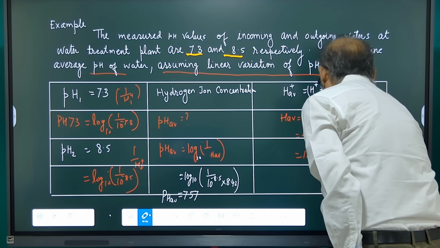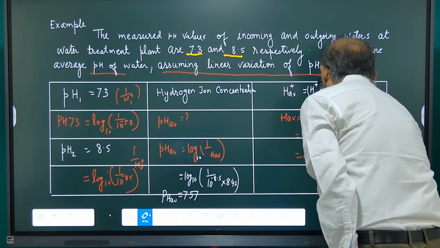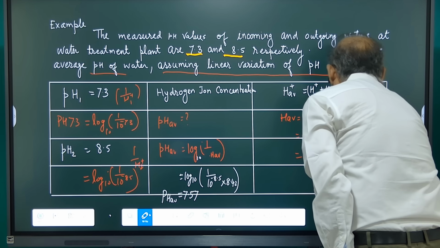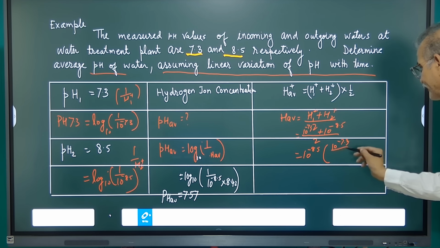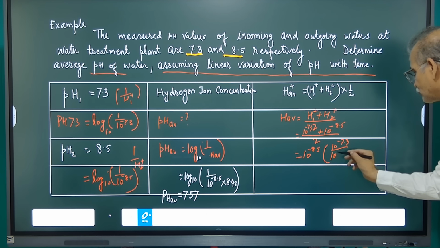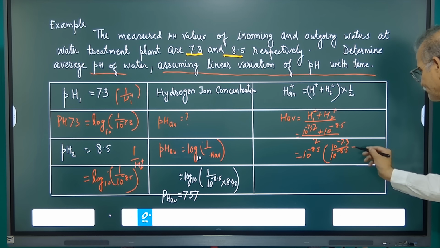Taking 10 to the power minus 8.5 out, we get 10 to the power minus 8.5 into 10 to the power minus 7.3 divided by 10 to the power minus 8.5, plus 1.